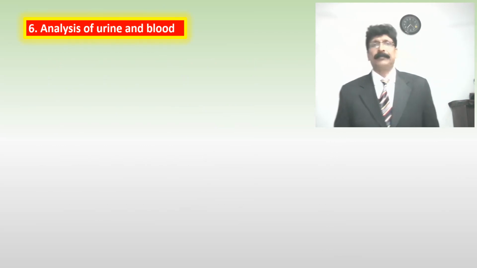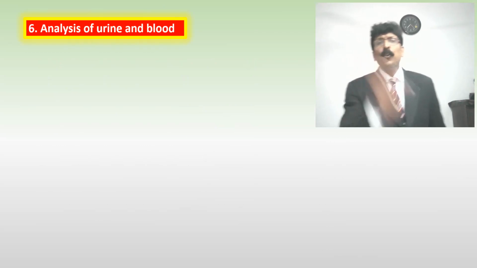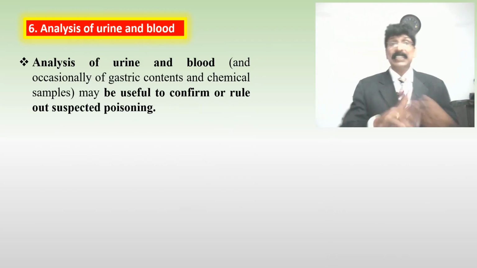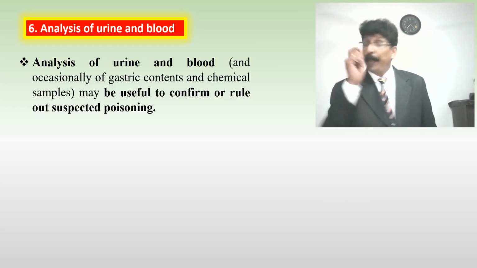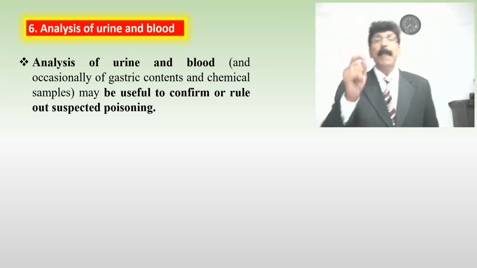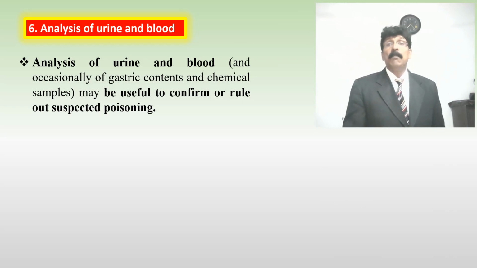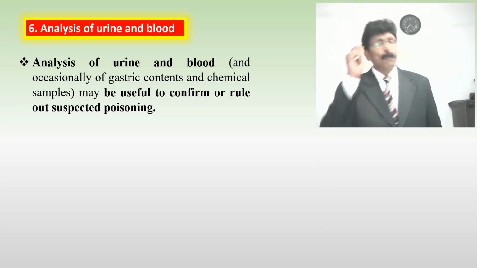These can all be diagnosed by ECG. And analysis of urine and blood, and occasionally of gastric content or chemical samples, may be useful to confirm or rule out suspected poisoning.